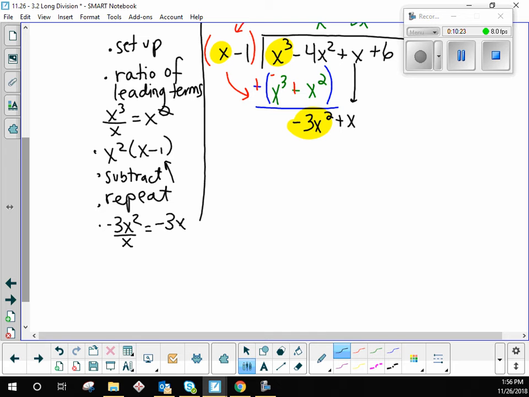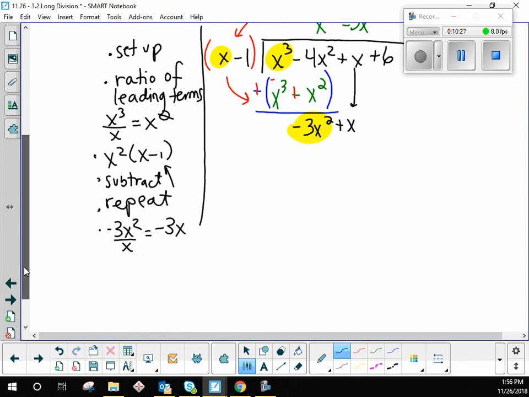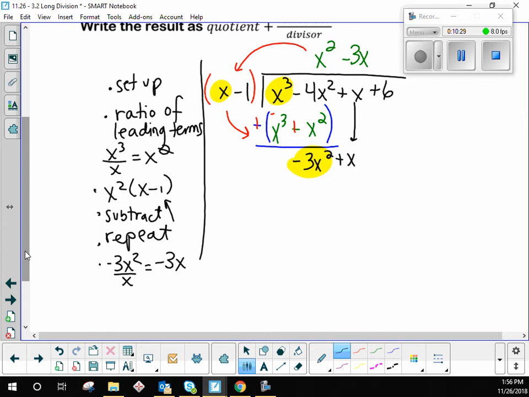It's the same essential question: how many times does x go into negative 3x squared? So now we take that negative 3x times every piece in the divisor. So it's negative 3x times x, which is negative 3x squared.